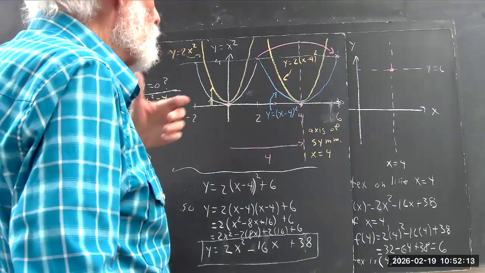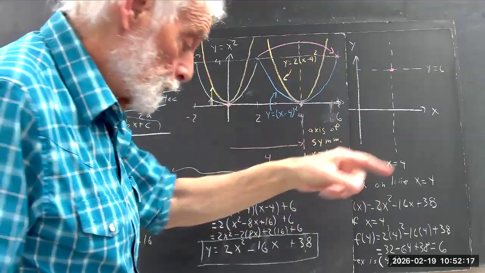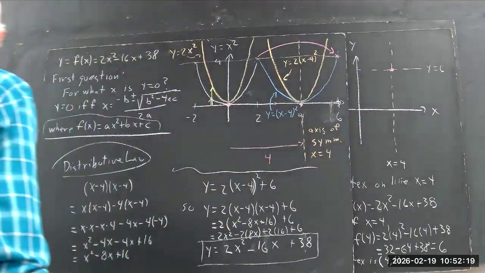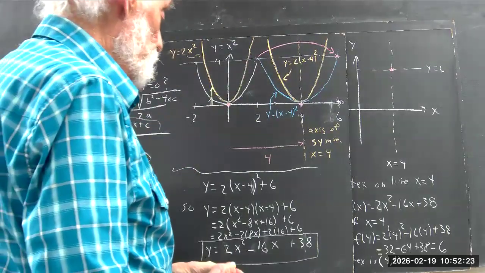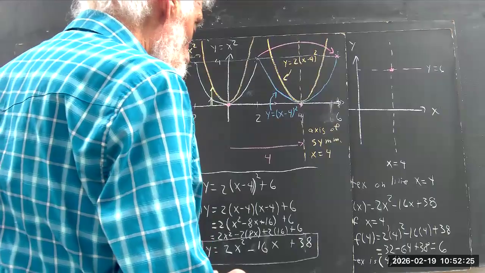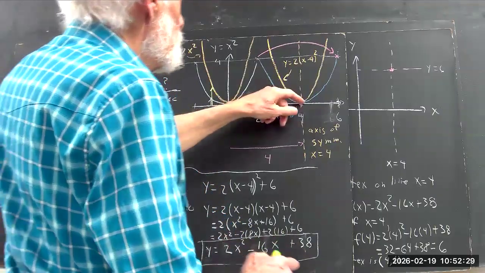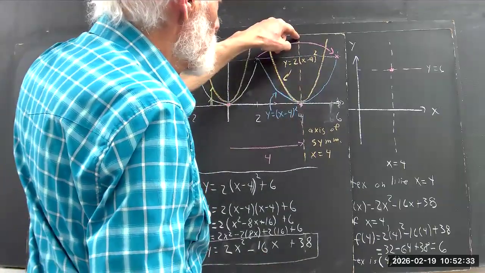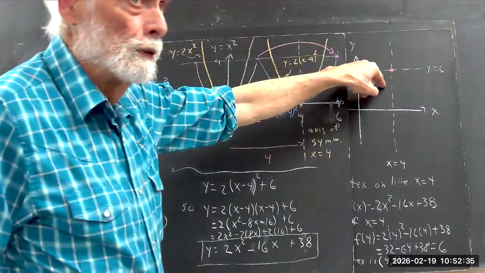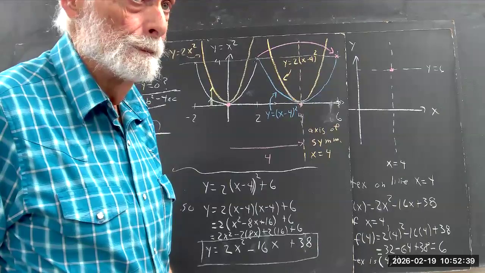And then the y equals 2 times the quantity x minus 4 squared plus 6 graph by lifting that up 6 units. And if we do that, we find that the vertex goes up to the point where x equals 4 and y equals 6, exactly as we got using the quadratic formula, okay?